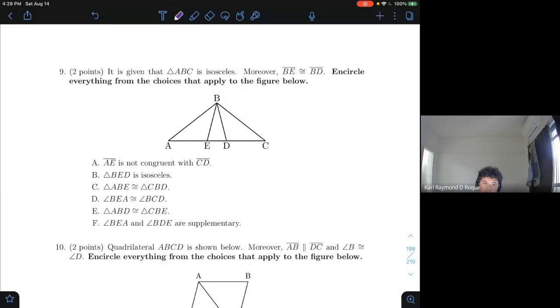So, first of all, isosceles triangle siya. So, BE is congruent to BD. So, we know that BAE is congruent to PCD.